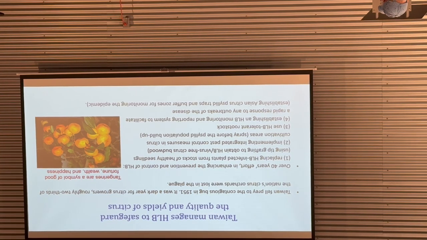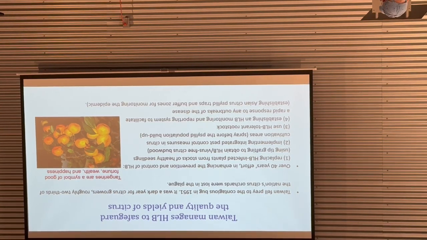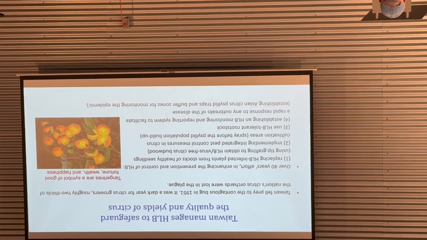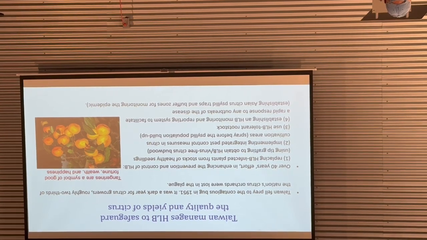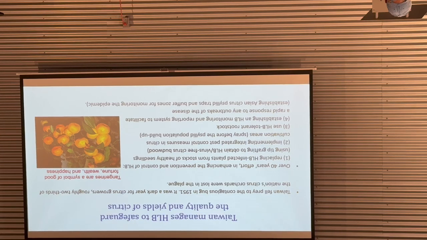Over 60 years in enhancing the prevention and control of this disease. And about 15 years ago, occasionally we would hear about a small outbreak in some orchard, some region, but so far in these 10 years, it's been pretty stable.